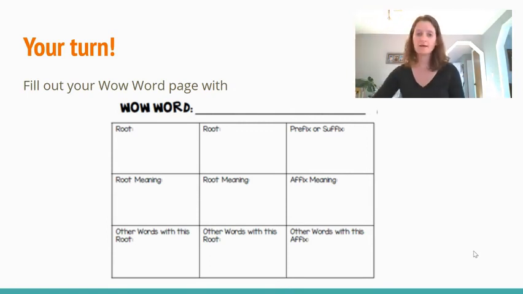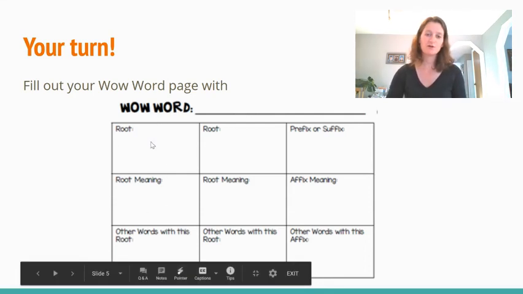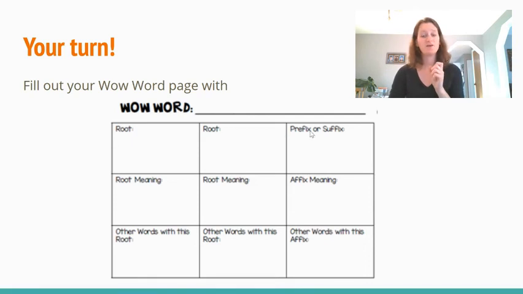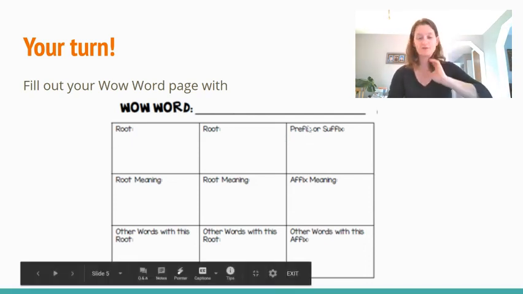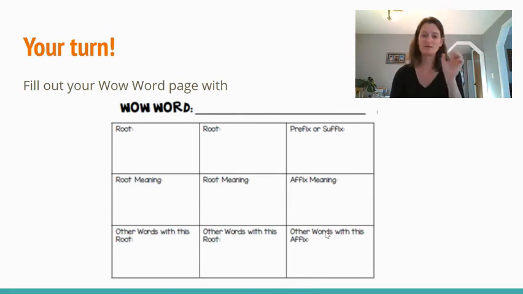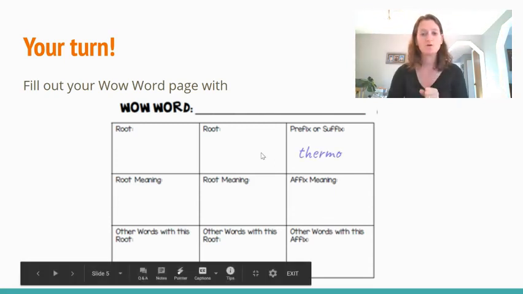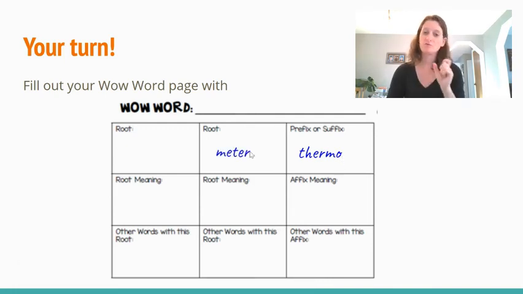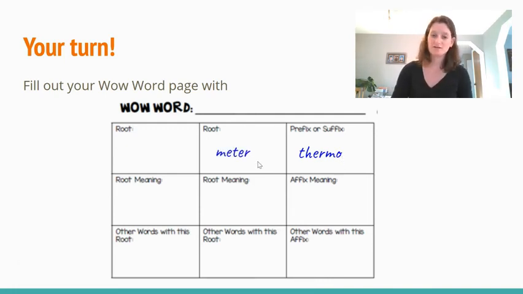And we are not going to fill in this first column because there is only one root part in this word, the meter part, but we do have a prefix that goes on the front. And this column over here is for the prefix or the suffix. So the bit on the front or the bit on the end. But this word just has the prefix at the start. So our prefix is thermo, and our root word is meter for thermometer.